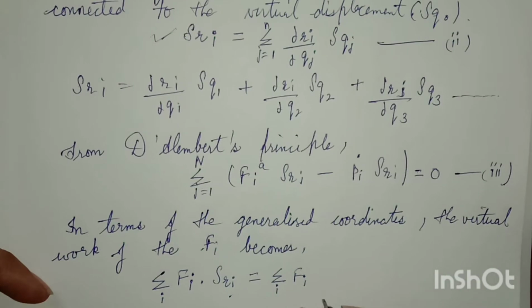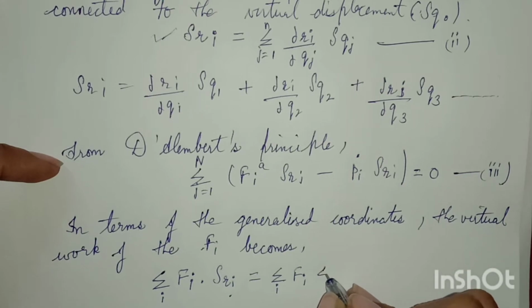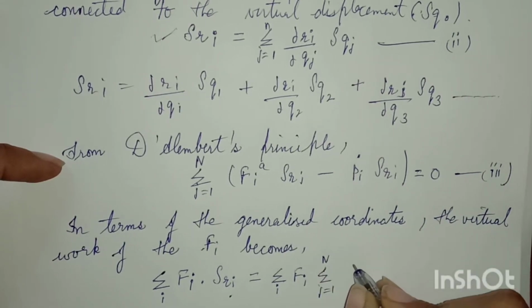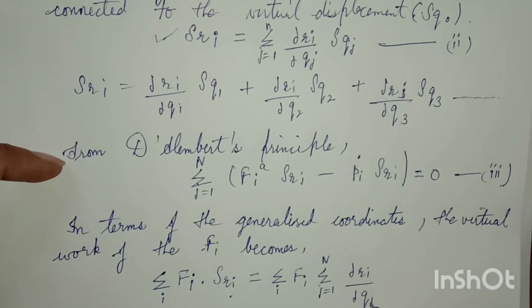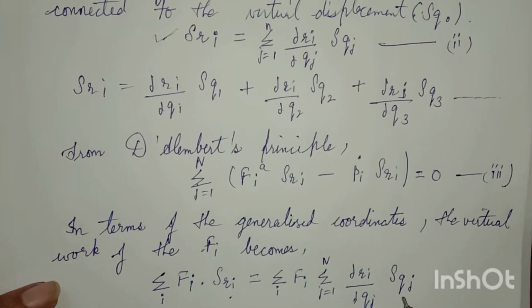So we write Fi, summation j equals 1 to n of curl Ri upon curl Qj delta Qj. So by using equation 2, we can write this equation.